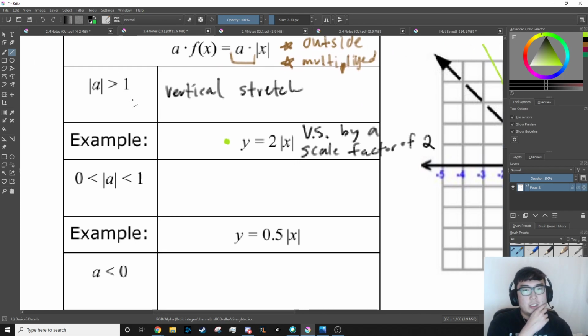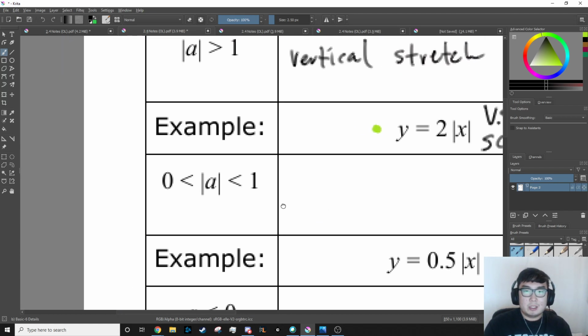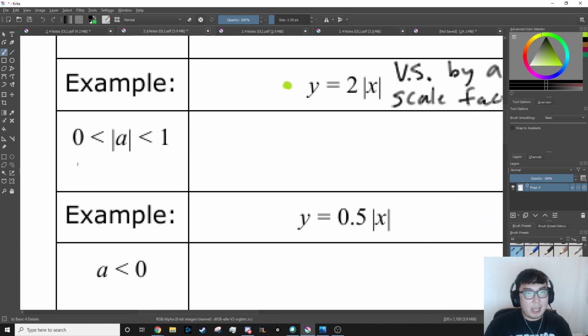But what happens if my a is like -4? Doesn't my graph still get steeper, but is just facing a different direction? Yeah, we're going to be talking about that very soon. Let's look at the next part. a is greater than 0 but less than 1, as in the absolute value of a is a fraction or a decimal.